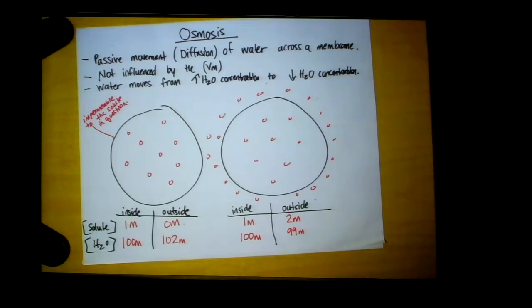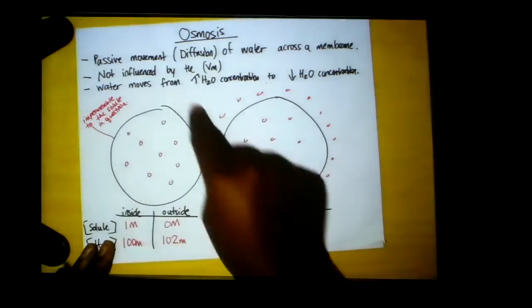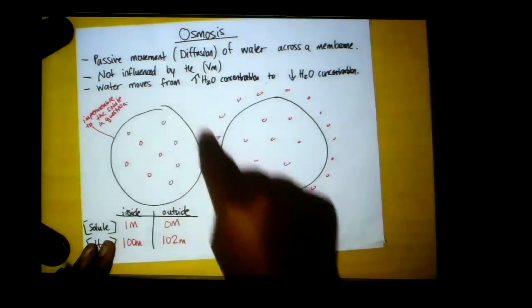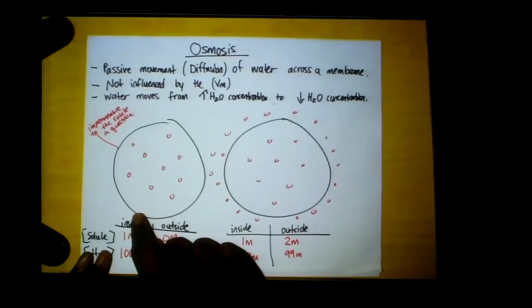So in these two scenarios, we're going to have to decipher what direction water will move in as a result of these varying solute concentrations. So because we have more particles in the cell on this side and no particles in the solution here, we have pure water. And again, we're reminding ourselves that the membrane is impermeable to the solute.